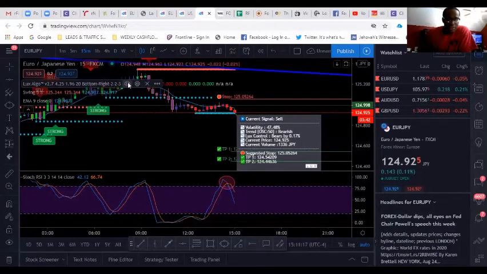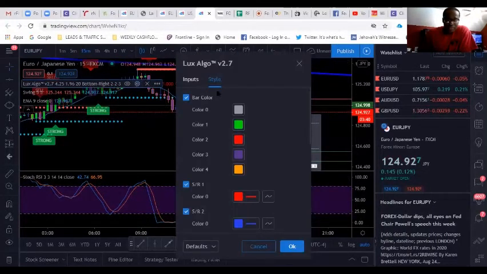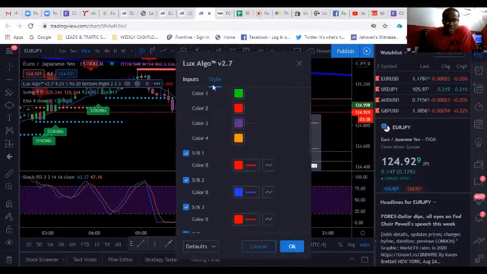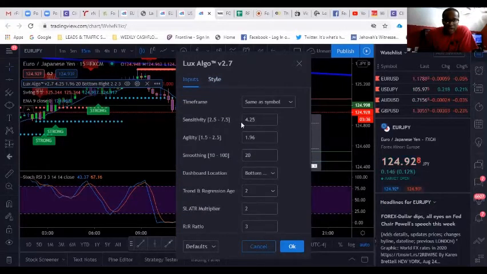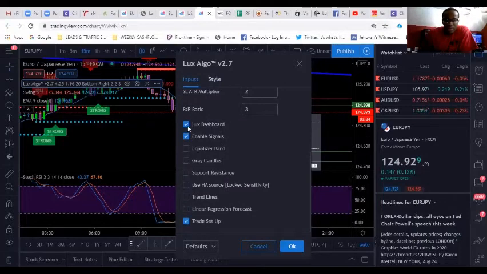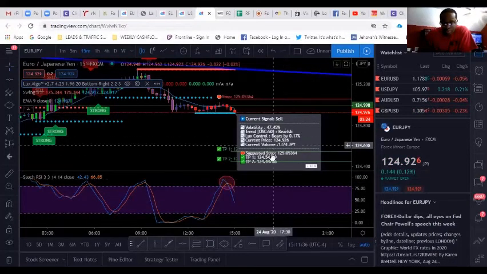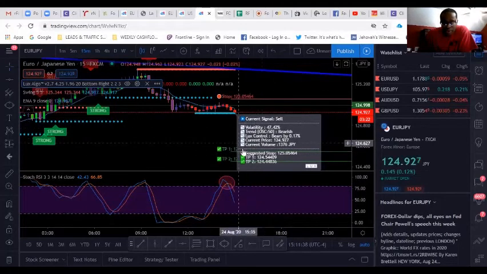Here's how to set up the LUX ALGO. What you want to do is when you click on inputs, you want to actually put on the LUX dashboard, of course, enable signals, and you're going to want to put trade setup, because what it does is puts a dashboard of the volatility of the market, what trend, so that way it lets you know the volume and the volatility of the market.